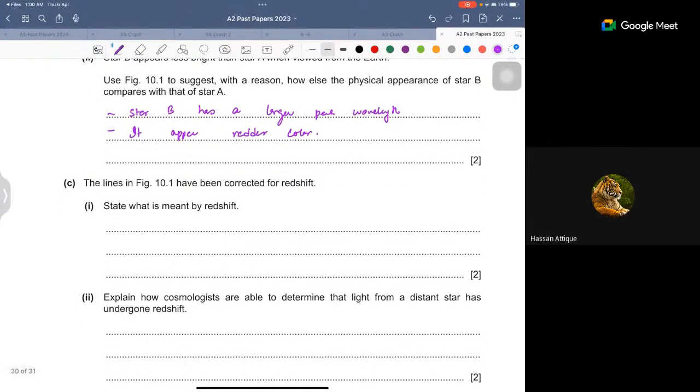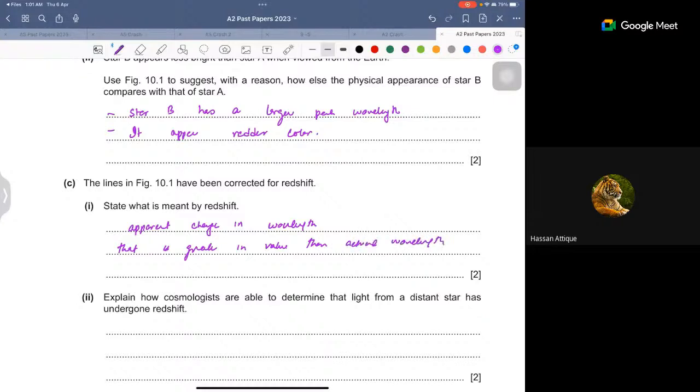Anyway, the lines have been corrected for redshift. What is meant by redshift? Redshift is basically an apparent change in wavelength that is greater in value than the actual wavelength.